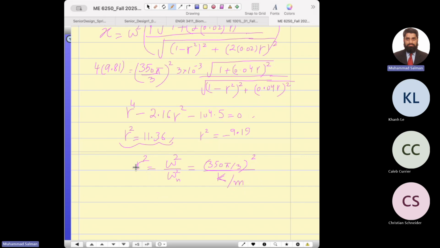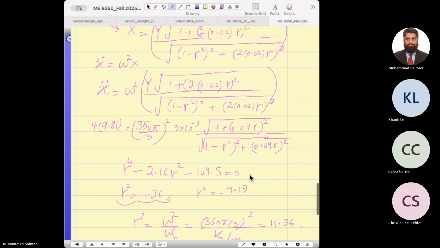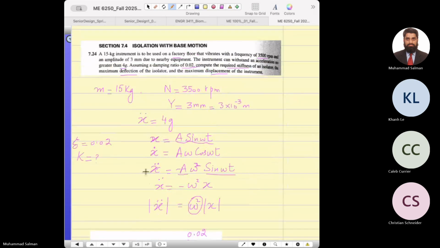So if you manipulate it, this is equal to 11.36. So I can write down, in the numerator, so k equals 350 pi over 3 whole square, times 15 kg.